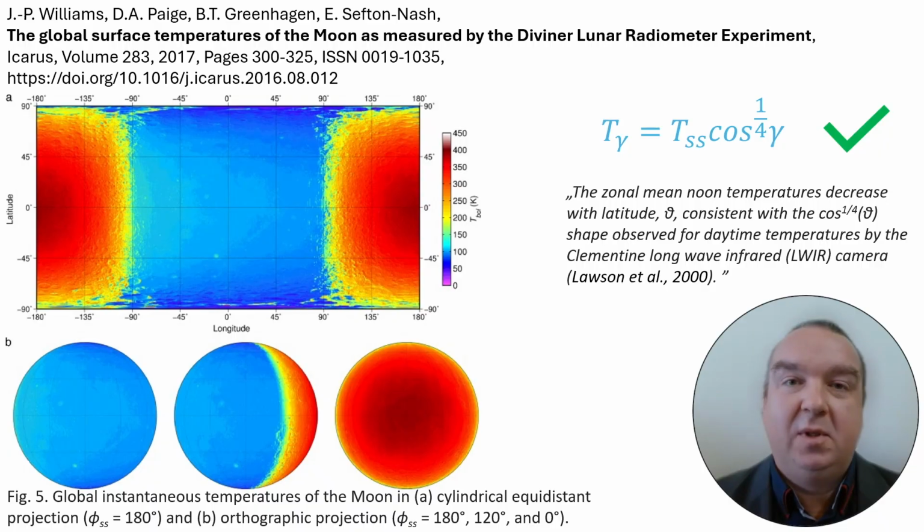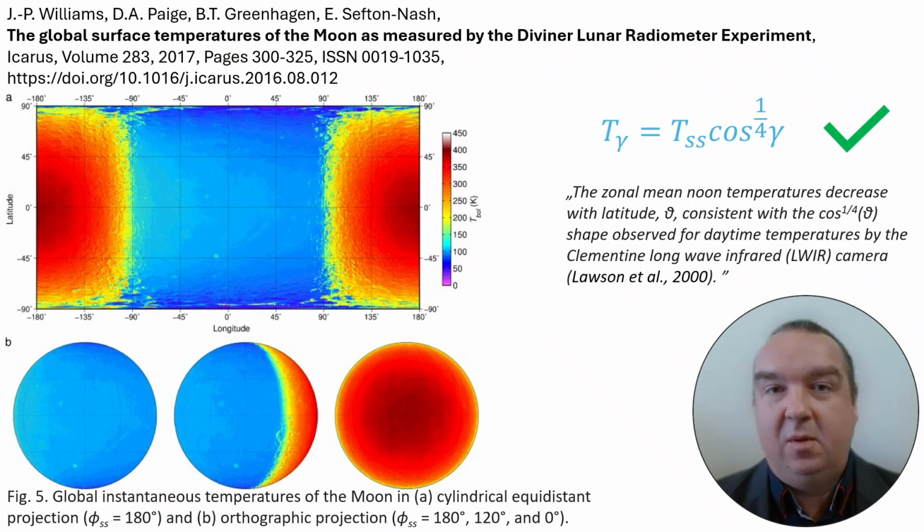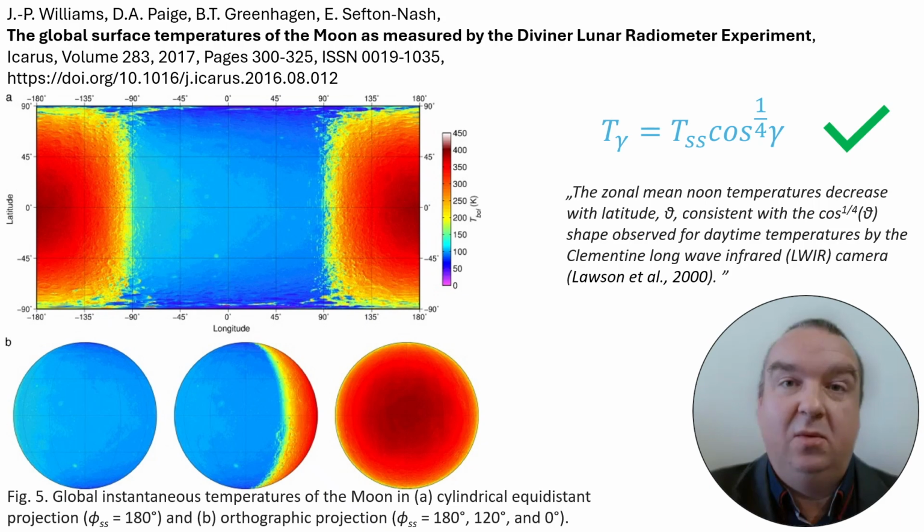So the temperature dispersing rule from the subsolar point to the pole can be described with this function. At first glance, we can see that during the night the surface is cooling, and during the day it seems that it is very close to the equilibrium.